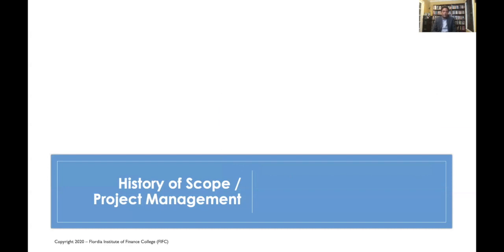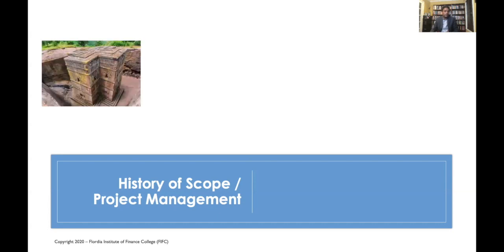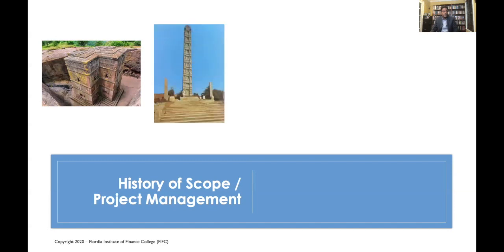Projects have been there as long as humankind, thousands and thousands of years. They did not have a proper procedure, but they were able to build magnificent monuments that we are also proud of here in Ethiopia, like the Lalibela crossings, the Aksum obelisk, and similar projects. So the history of project management dates back thousands of years.